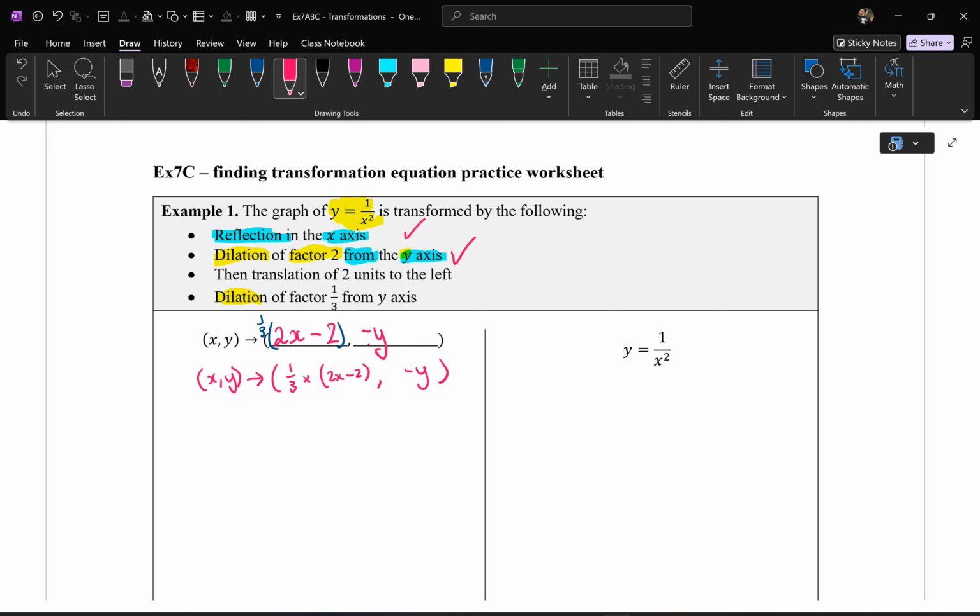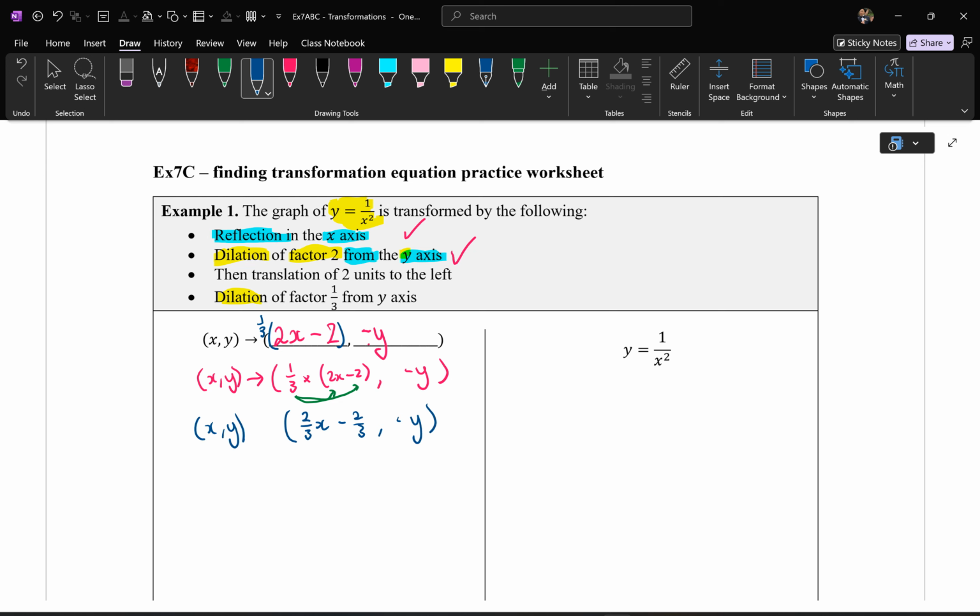Now if you multiply that, expanding the brackets, 1/3 times 2x gives me 2/3 of x, and then 1/3 multiplied by negative 2 gives me minus 2 over 3.